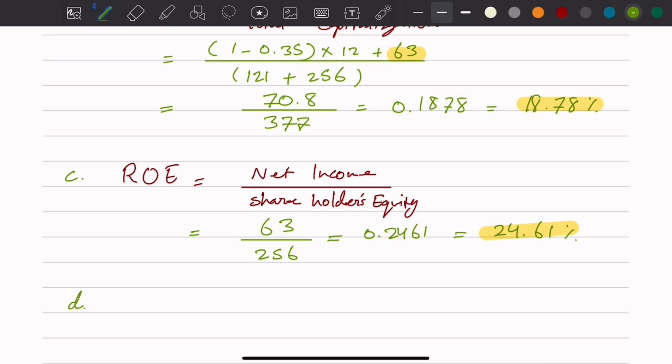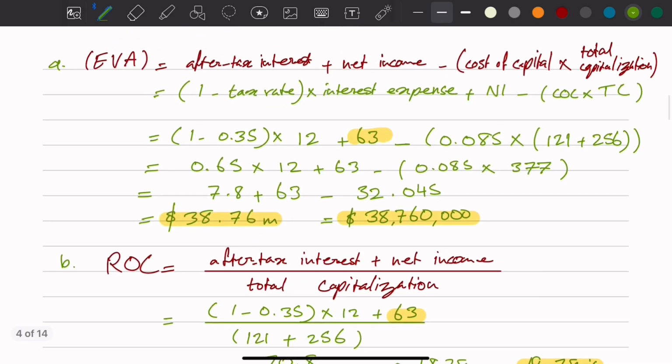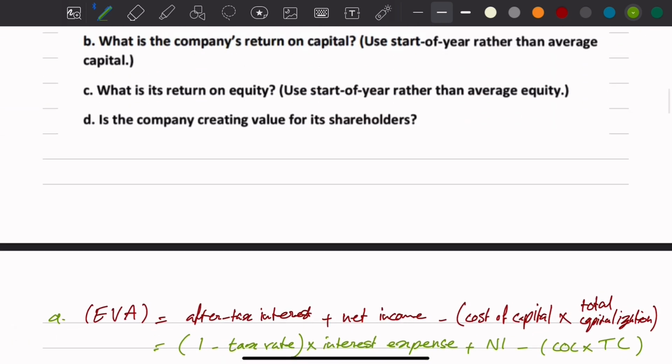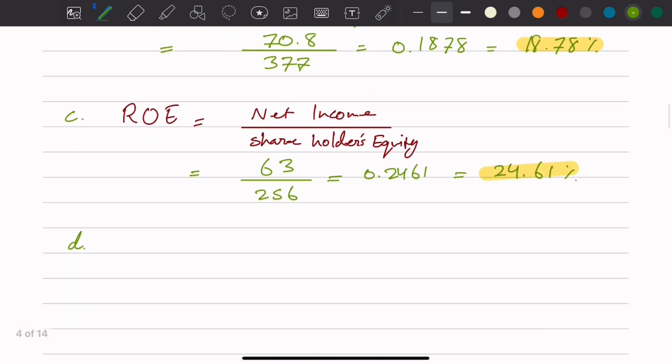So all you need to do here is just put that in words. So we could say something along the lines of, they're asking, is the company creating value for its shareholders? So the answer is yes, but you need to support your answer, of course.